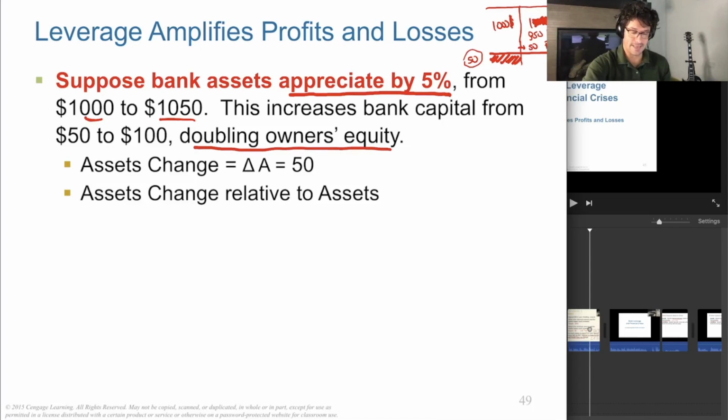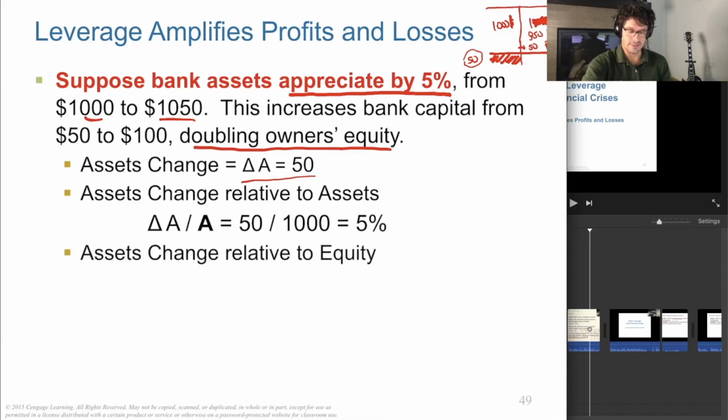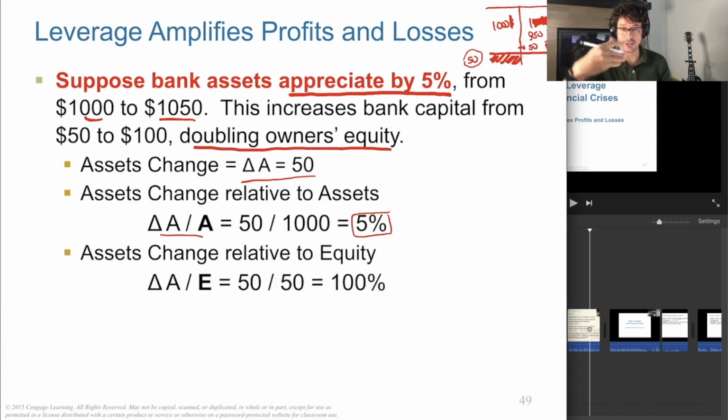The 5% growth in the assets, which is given by 50 over 1,000, in terms of change in equity is huge. It's $50 out of $50. So your equity doubles.